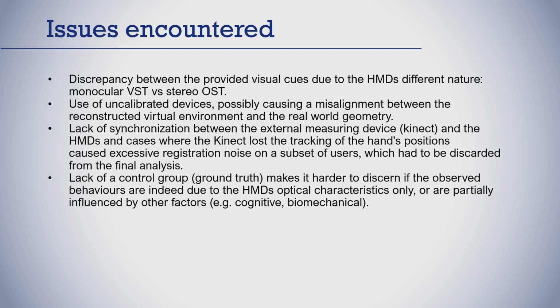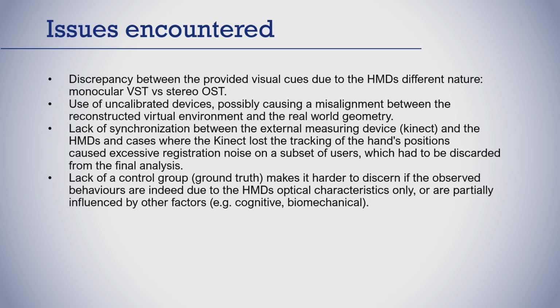Also, the Kinect, which was taking the measures, was not synchronized with the headset, so some data was noisy. We had to discard part of the data because it was also collected in noisy environments.